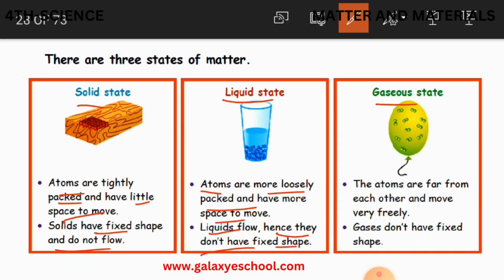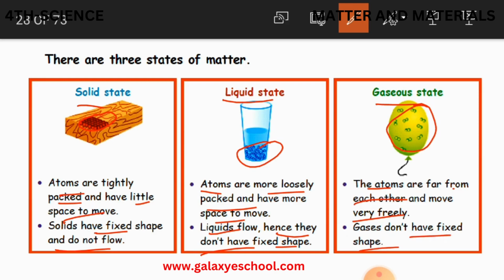And the gaseous state, the third one: the atoms are far from each other and move very freely. Are you able to see here, children? These are the atoms, very far away from each other. Why? Because it is gas, air, and there is more space where they can move freely. Gases also don't have a fixed shape.